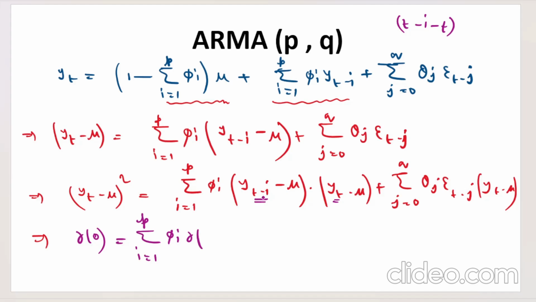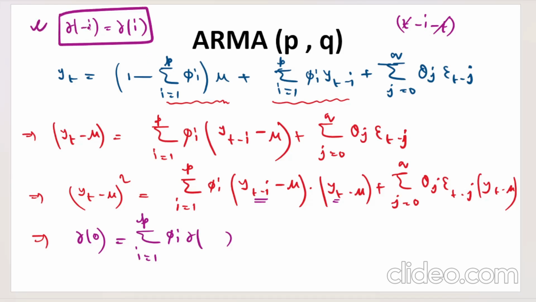That will be the lag of gamma, so minus i. Gamma minus i is exactly equal to gamma i from the properties of stationarity. Again, if you haven't seen my video on stationarity, check that out. I have told you why this will hold. So here simply we can write gamma i. I hope you got the process.